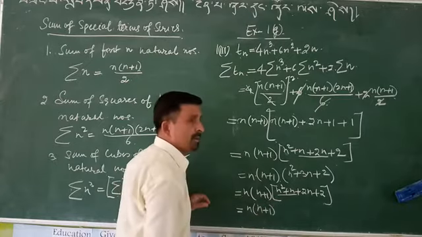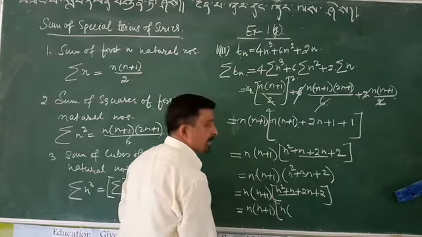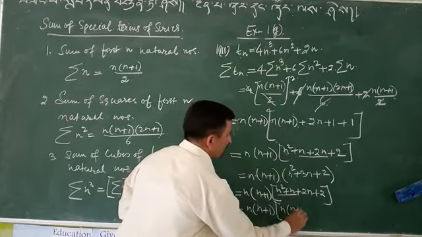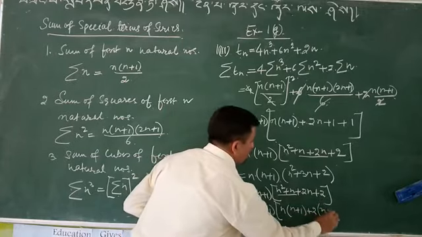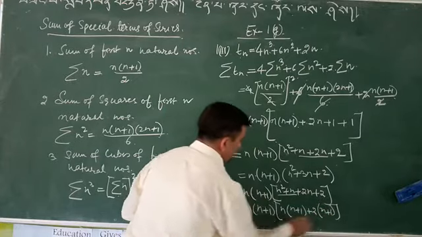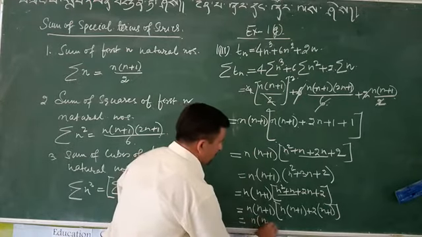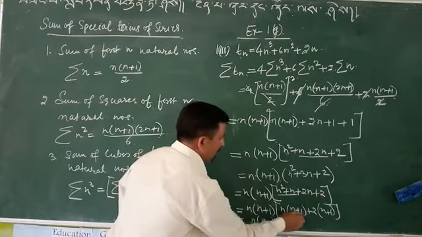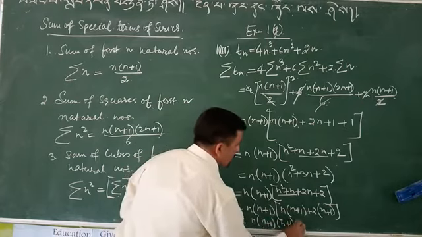Now from the first pair, we can take the common factor as n. Is it okay? So we get n plus 1, and then from another group we get 2 as a common factor, n plus 1. And therefore, it is equal to n into n plus 1, and from here you get n plus 1 again, and this is n plus 2.